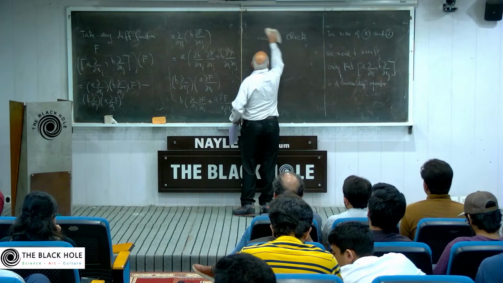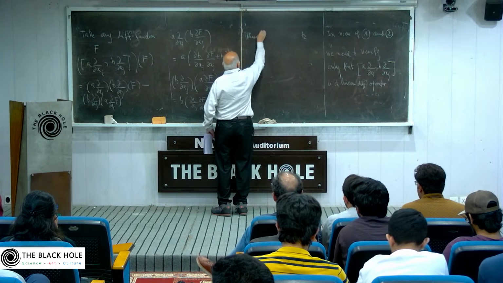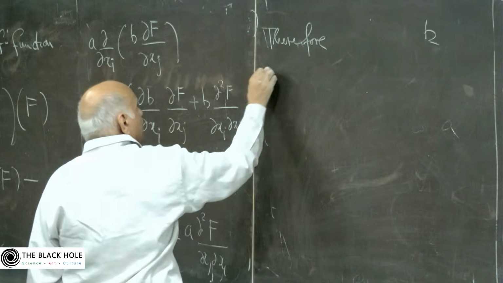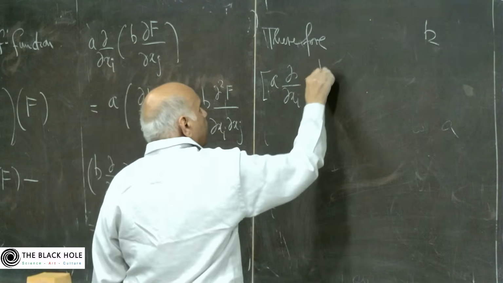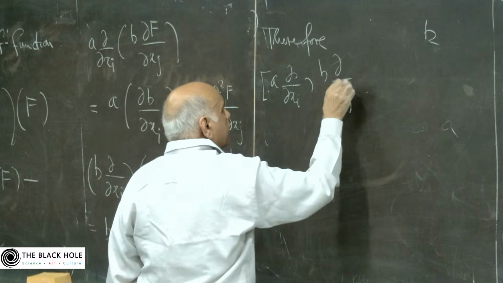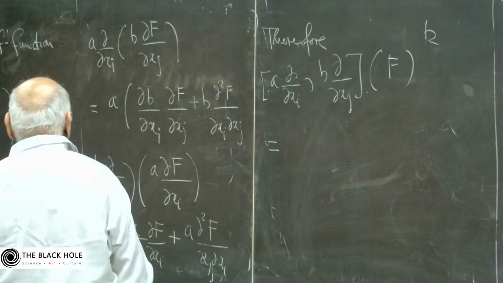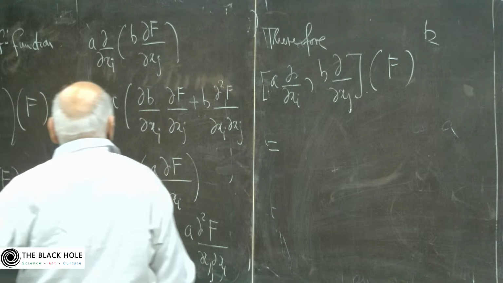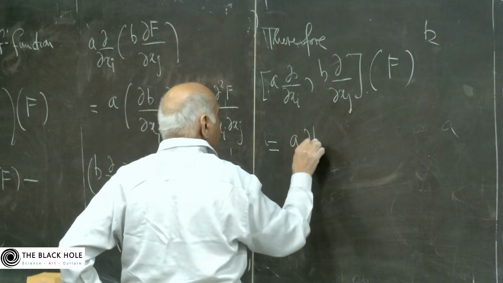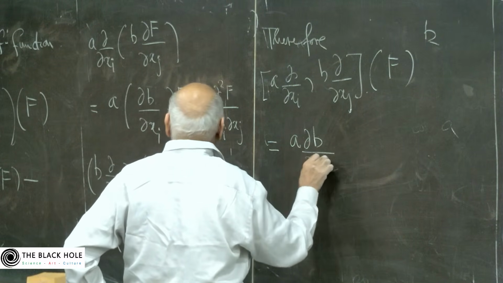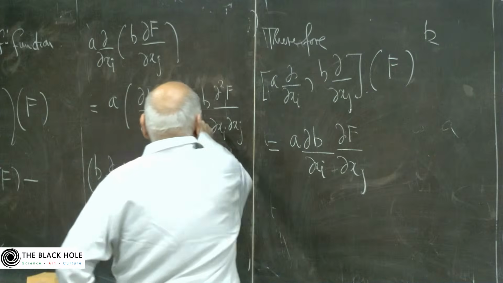Now let's subtract the two. So therefore A times partial by partial xi bracket B times partial by partial xj applied to f. Let's write them down in detail. What was our first answer? This is A times partial B by partial xi, partial f by partial xj, plus AB second derivative.